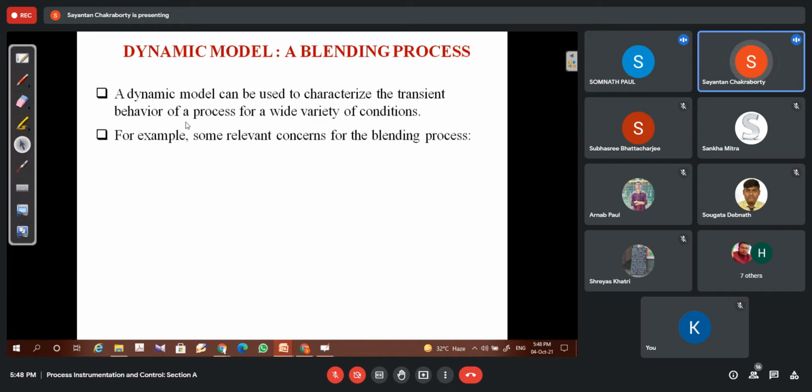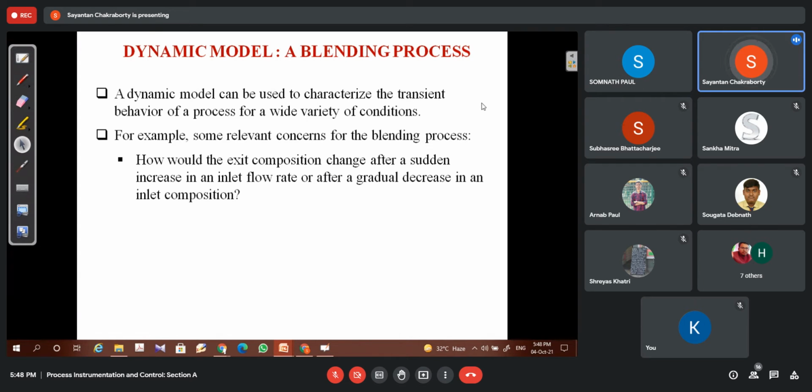So, what are the different variety of conditions that you can think of? Suppose we consider the first situation: what will be the effect on exit composition of a sudden increase in inlet flow rate, or a gradual decrease in inlet composition? How do you study this?